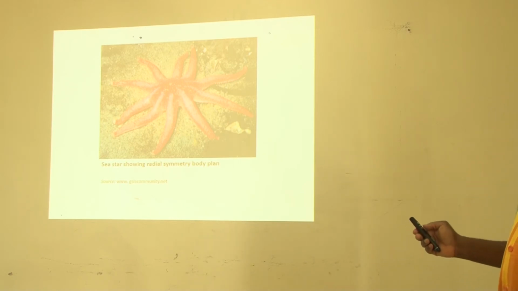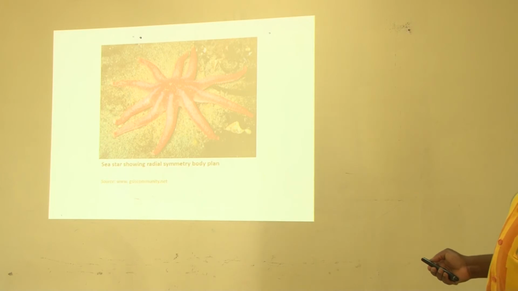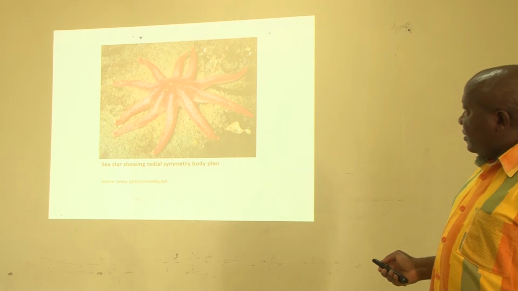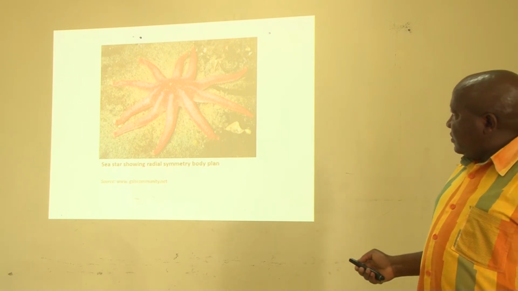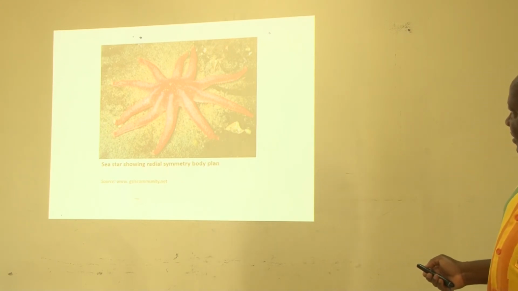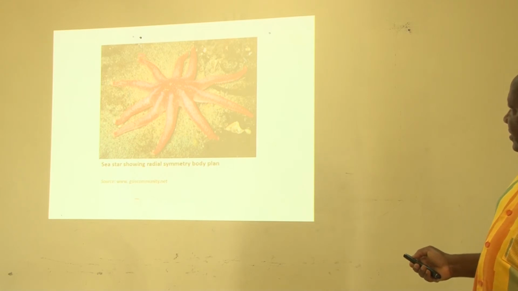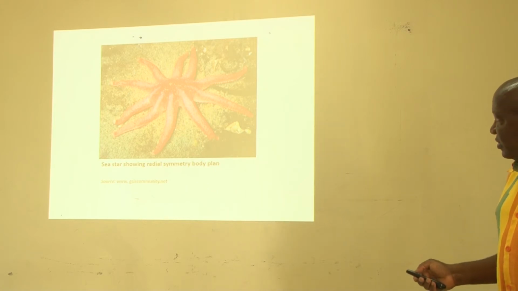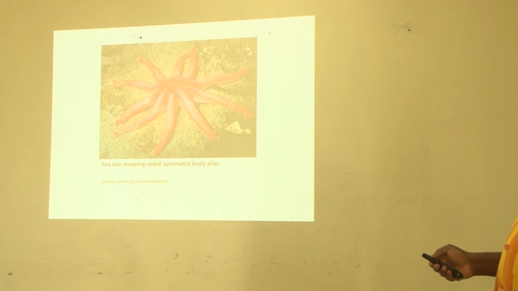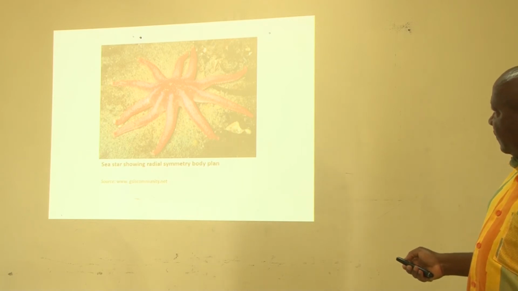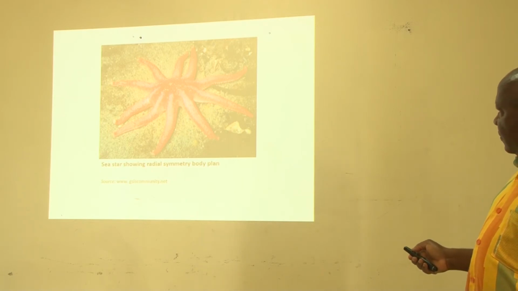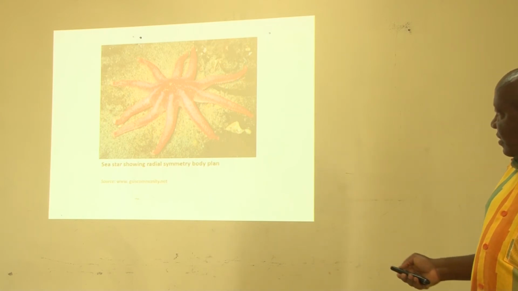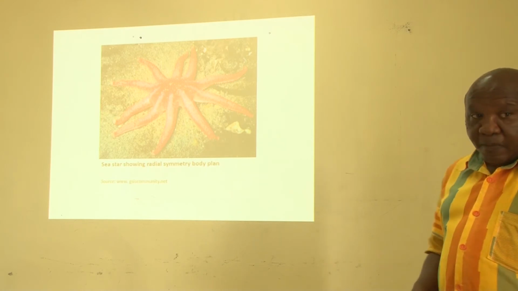Those who reside near the coastal areas are very familiar with this animal. You can appreciate that its shape is round and it is attached to the substrate. So it can just move around at its fixed place. So this is a typical example of a radial symmetry body plan.